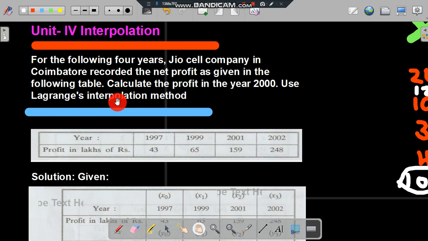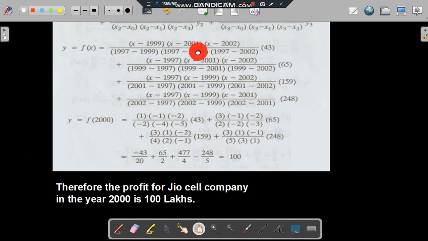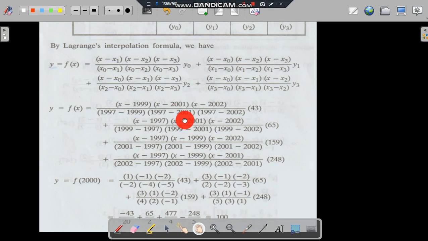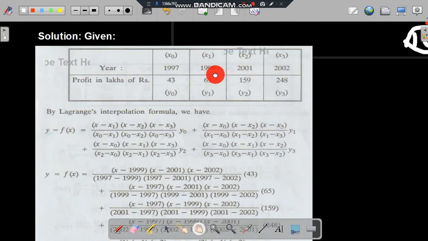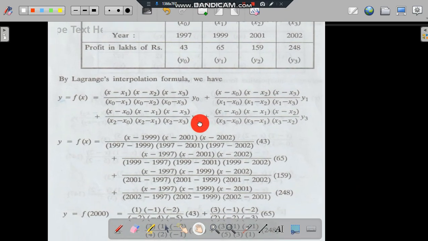By using that formula, it is possible to make equations like this. I will discuss that in the other problem. Here f of x would be an equation. If you simplify this, you will get the equation, so that we will see later.